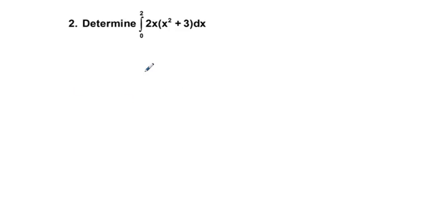Determine the integral from 0 to 2 of 2x times quantity x squared plus 3. Now, I kind of intended for this one to be a u substitution problem, but it sort of fails in that regard, in that we can simply distribute like this.